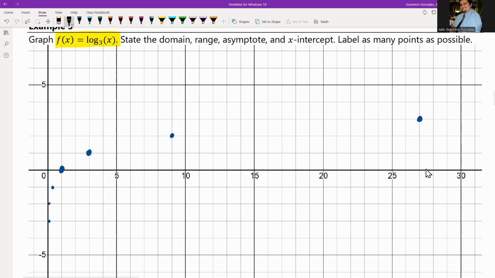Let me actually write down the points. This one's going to be (1, 0), (3, 1), (9, 2), (27, 3).